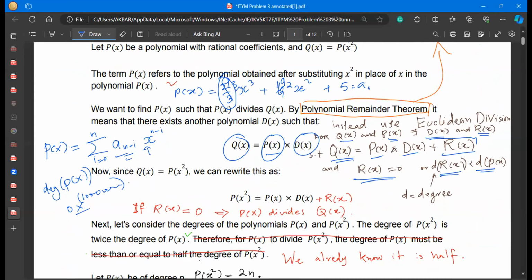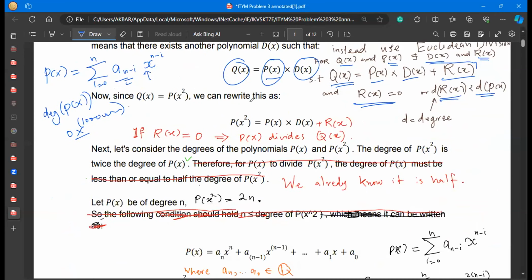I try to strike through these lines just because they are a repetition of whatever has already been written. We know it already, the degree is n.